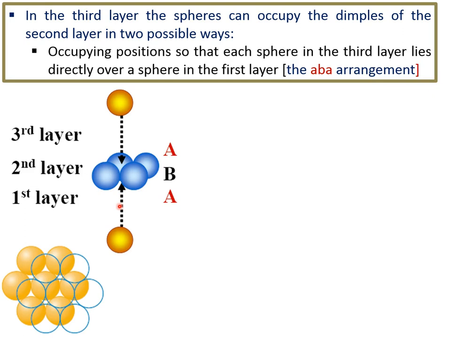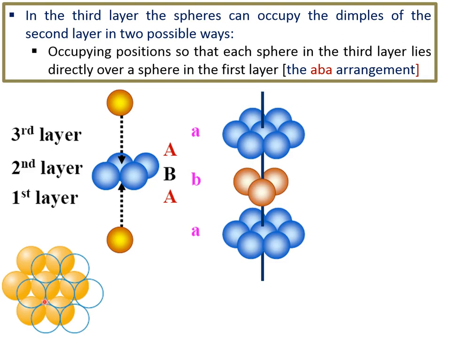From this layer. How about the other layer? You can put them directly in the same manner like this layer, or you can change and put it in the other voids. But if you put here, you can put here, and you leave also the other. So we have two different structures.